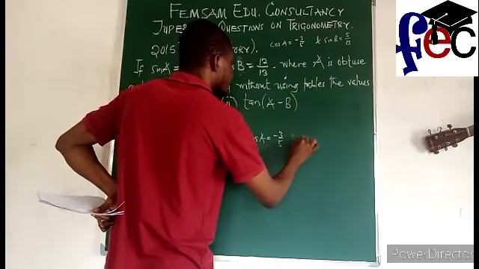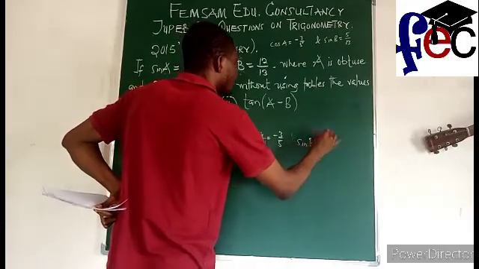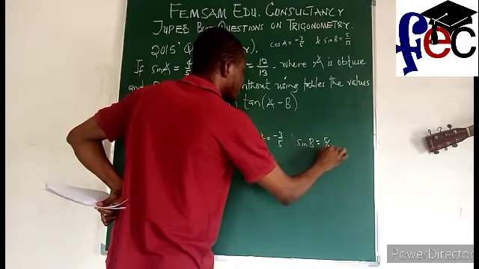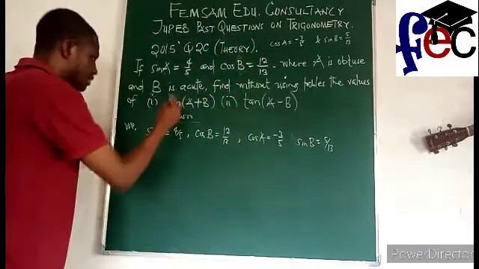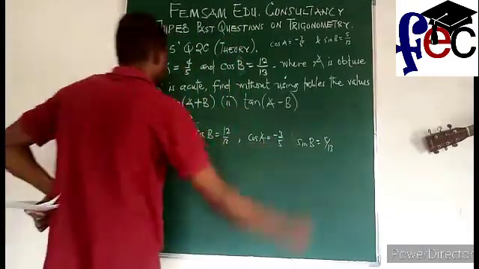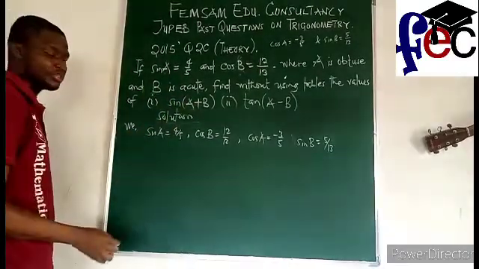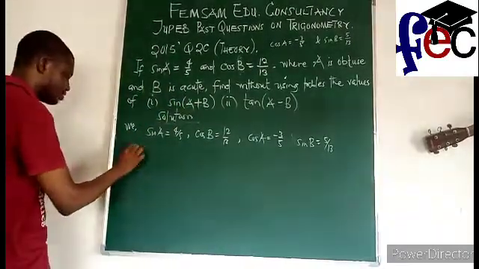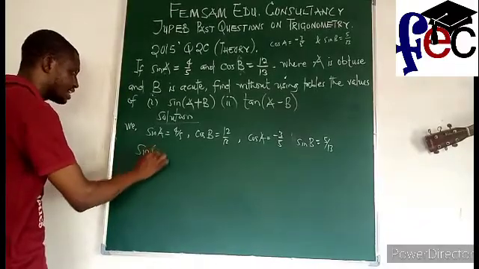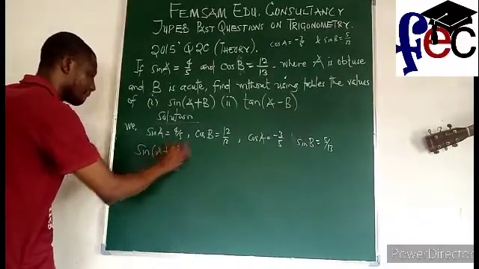Then sine B, we have 5 over 13. So now, with these values, we can now evaluate our sine A plus B. Very easy. So now, what is now sine A plus B?